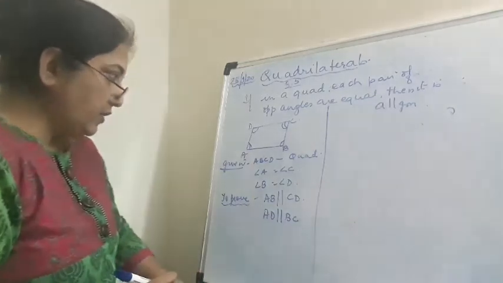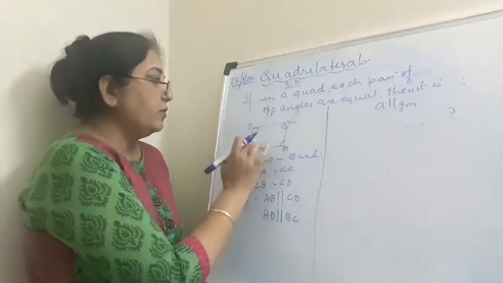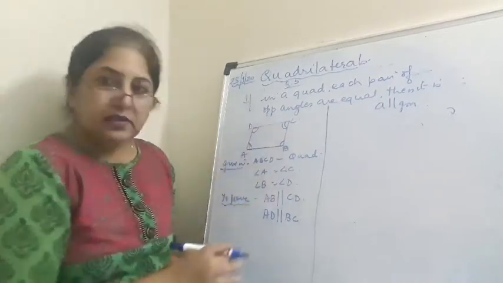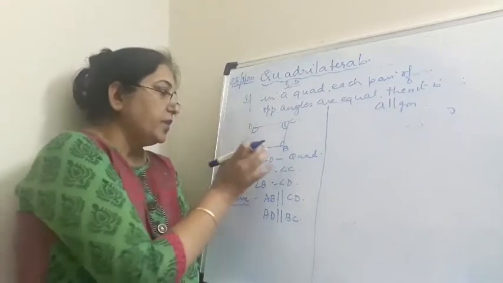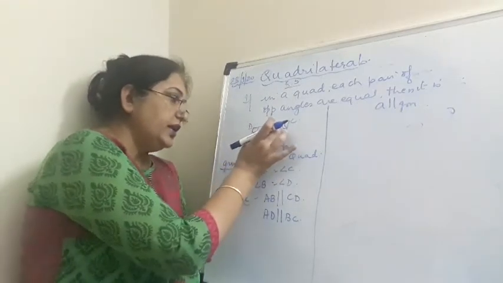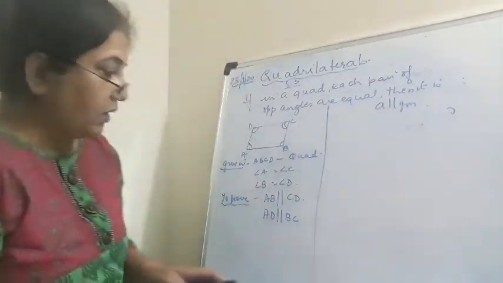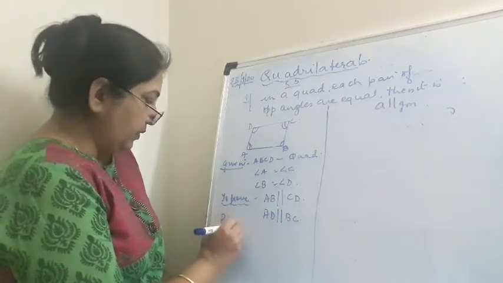So I hope these points are clear to you, that if in a quadrilateral each pair of opposite angles are equal, then this is a parallelogram. So to prove this as a parallelogram, we need to prove that the opposite sides are parallel, and for that AB is parallel to CD and AD is parallel to BC.